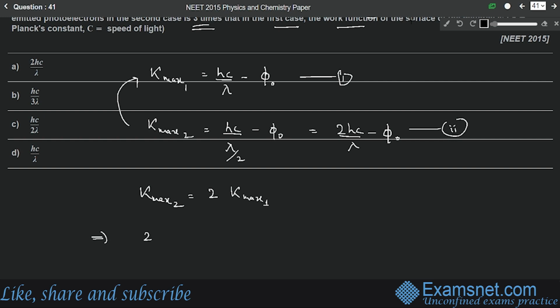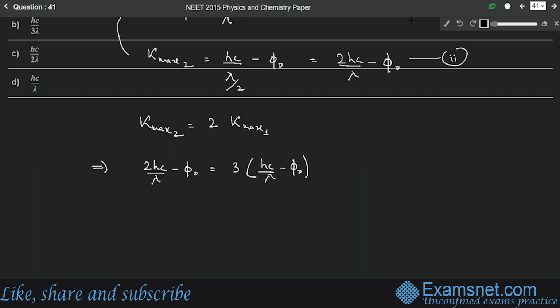K max 2 is 2 hc by lambda minus phi naught, and this side we have 3 times K max 1, right? 3 times hc by lambda minus phi naught. So 2 hc by lambda minus phi naught equals 3 hc by lambda minus 3 phi naught.